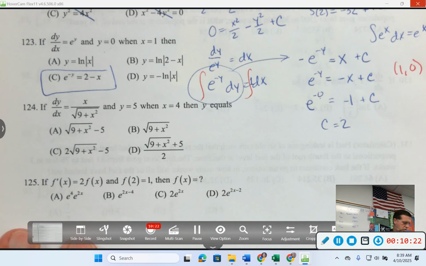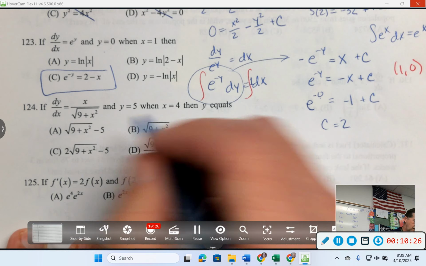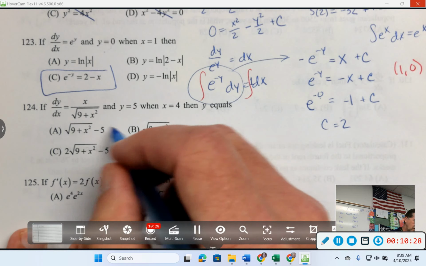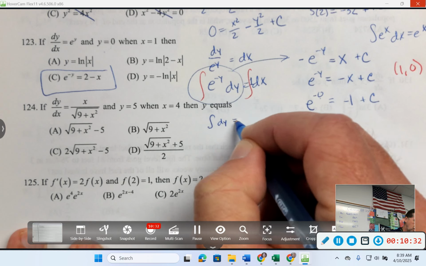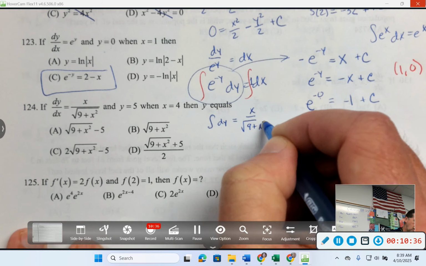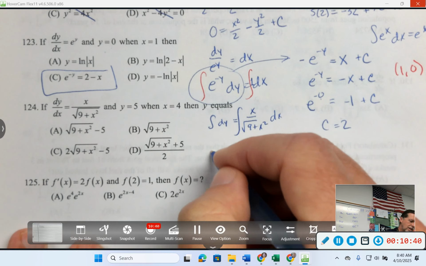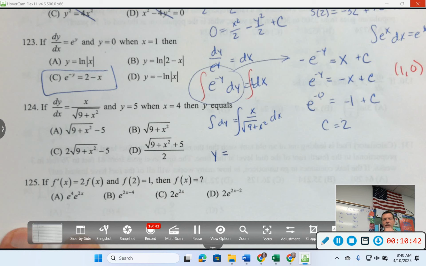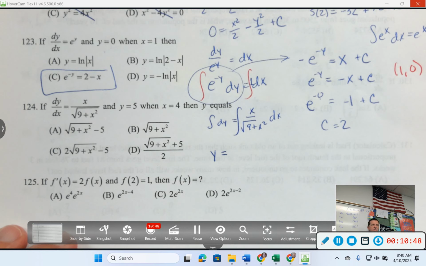Uh-oh. 124. So move the dx over. Integrate both sides. I get y on the left-hand side. That's the easy part. The right-hand side, there's like two possibilities in my mind.